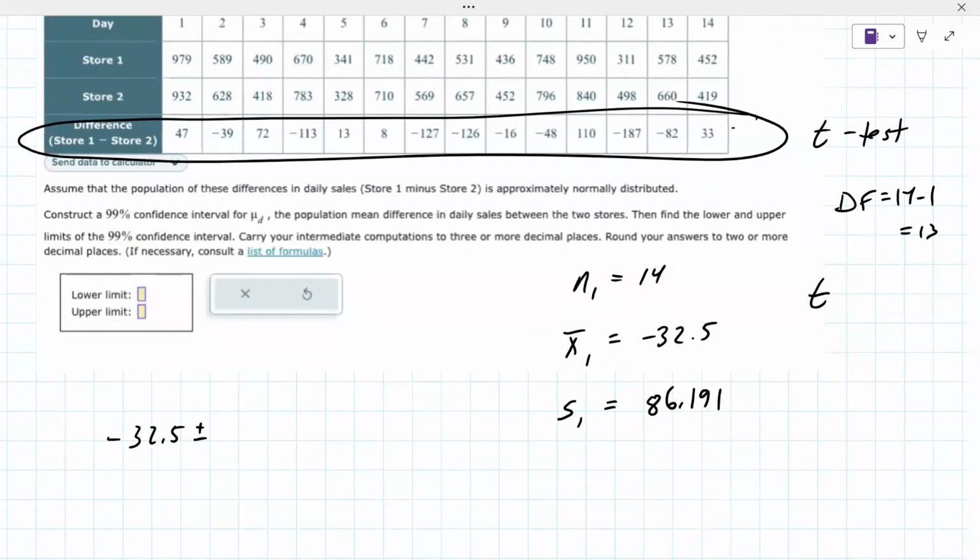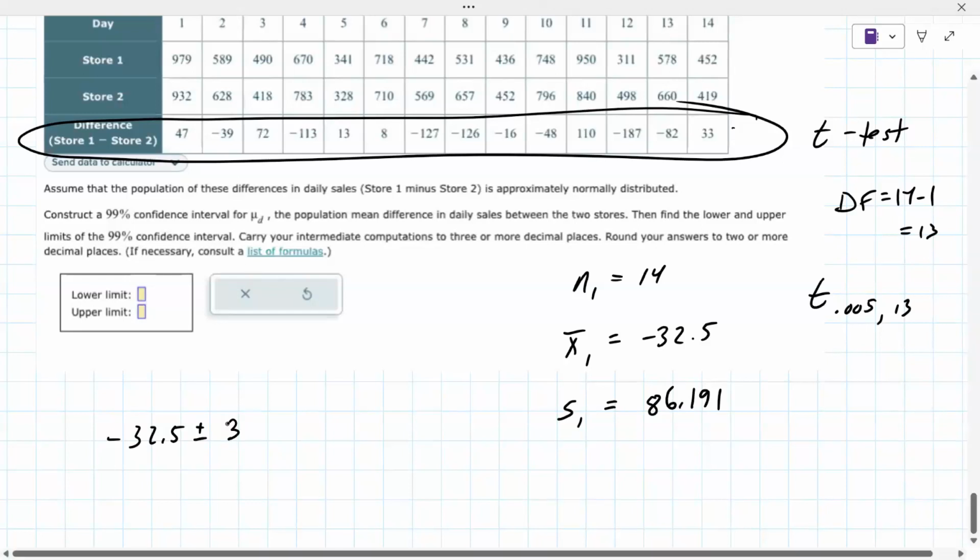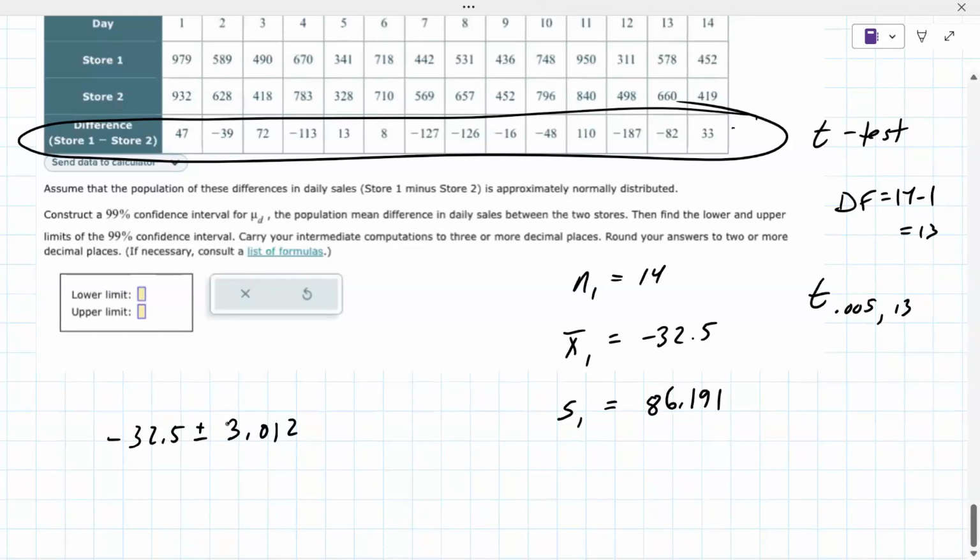You have to find this t value, so it's t 0.005 comma 13. We're looking for that value there. With 13, that's 3.012, times the standard deviation, which is 86.191 over the square root of 14.